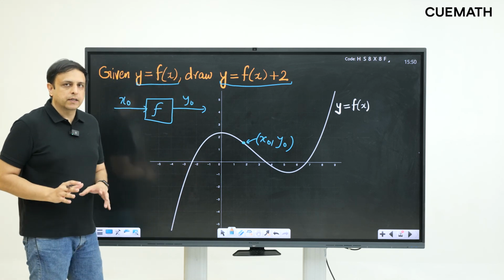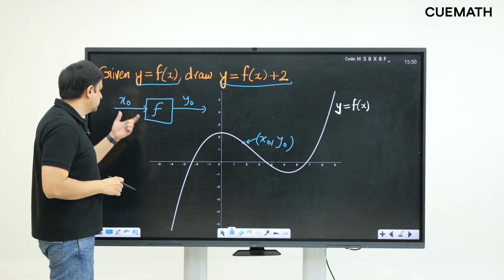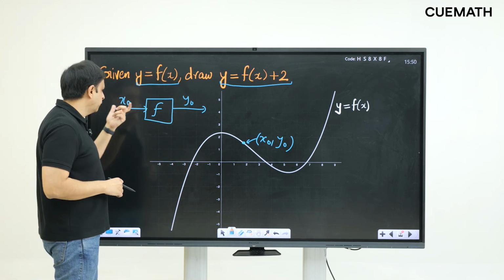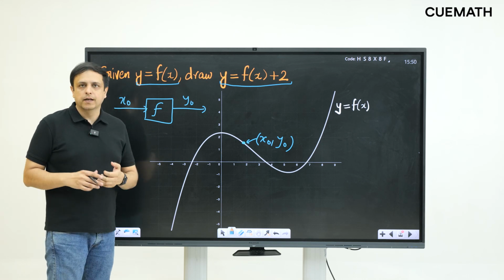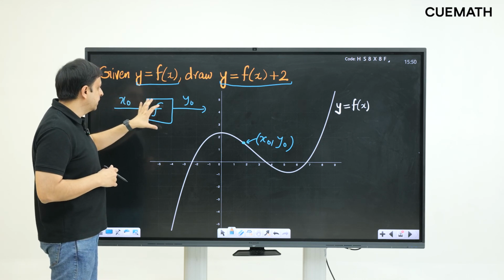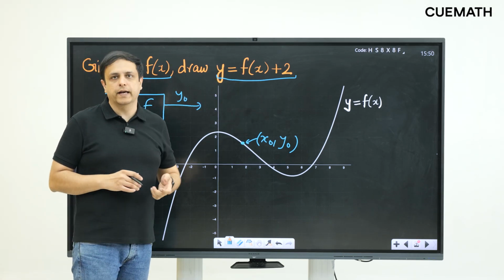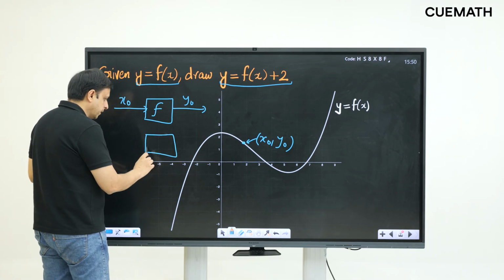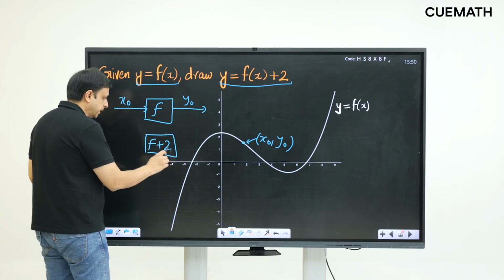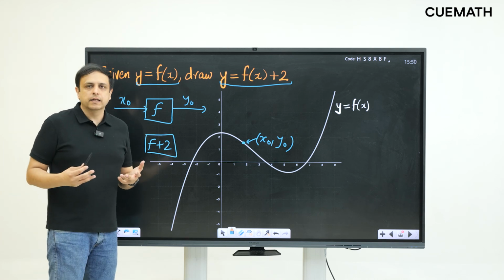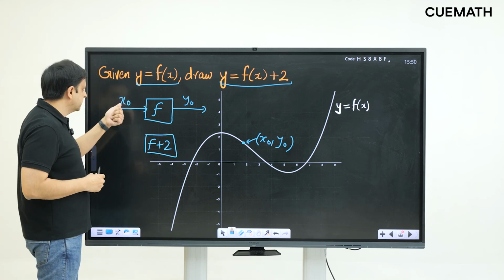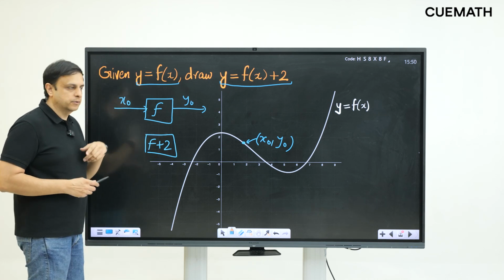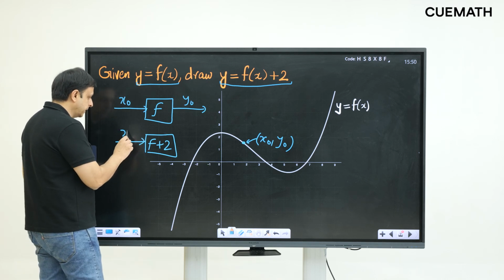Now, what I want you to think about is what happens to this input output pair if the machine f is replaced by the machine f of x plus 2. Let us imagine a new machine which is f of x plus 2, and think about what will happen if we put in the same input x naught.